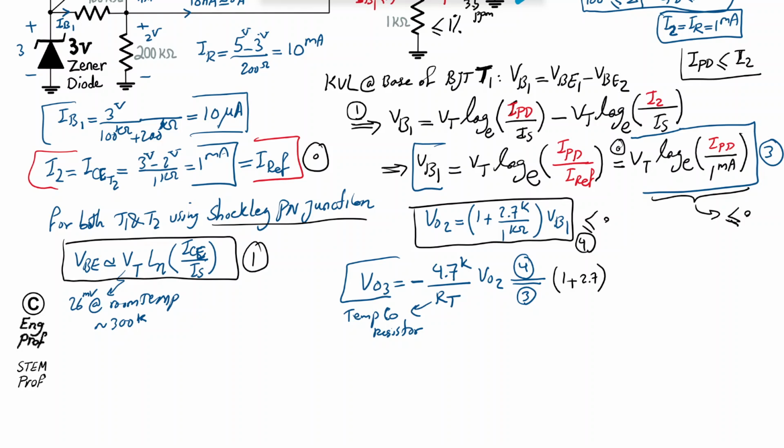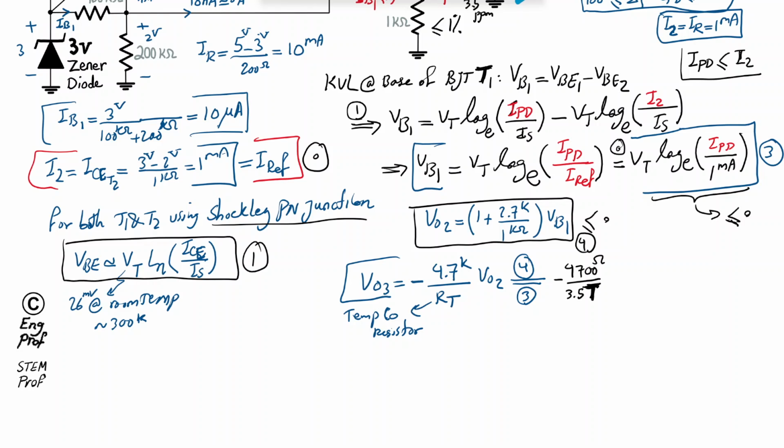And then let's not forget the minus sign we have. Minus 4.7, let's write it just 4,700. Minus 4,700 ohm divided by RT, which is 3.5 times the temperature in Kelvin T.